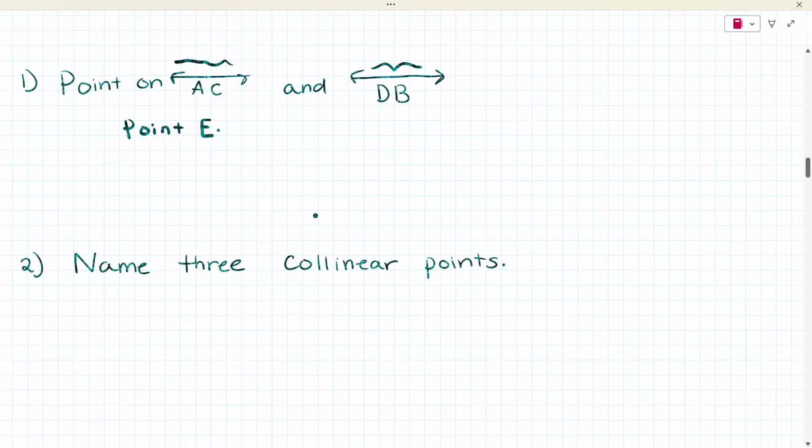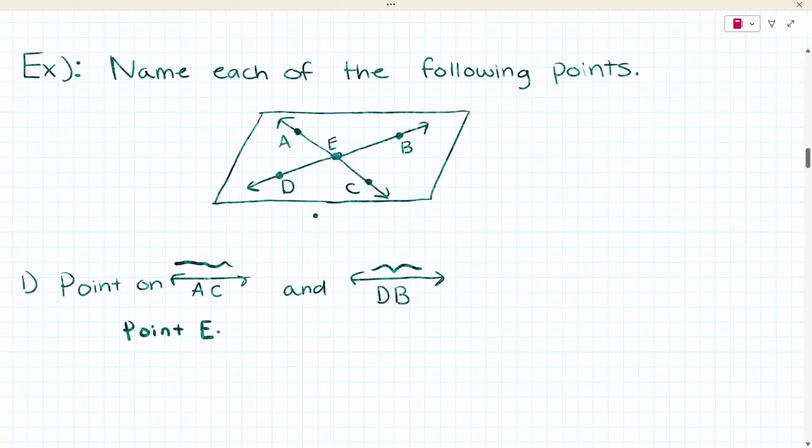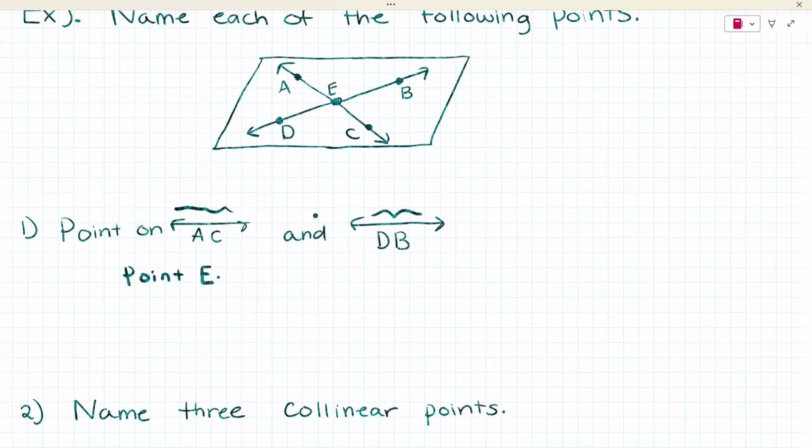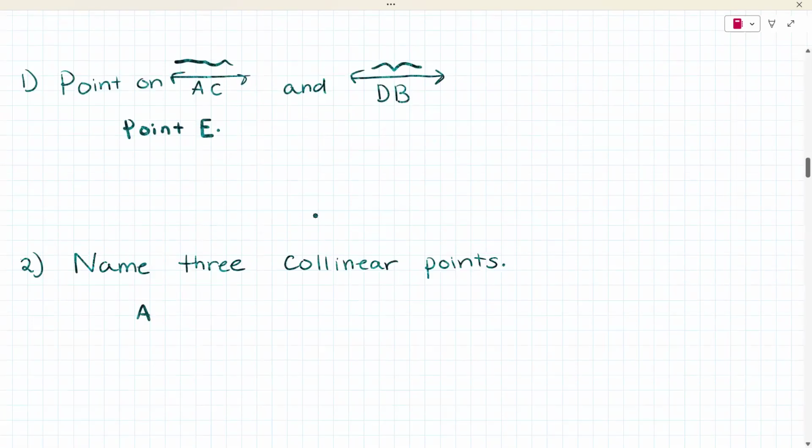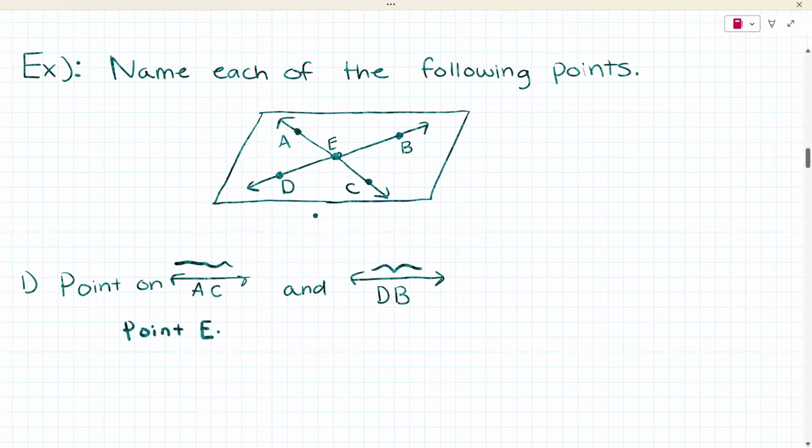Okay. This is still part of the same example. Name three collinear points. Collinear means they have to go through the same line. So I see that points A, E, C would be collinear, right? AEC is collinear because they go through the same line. What else?